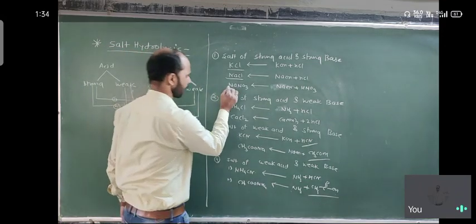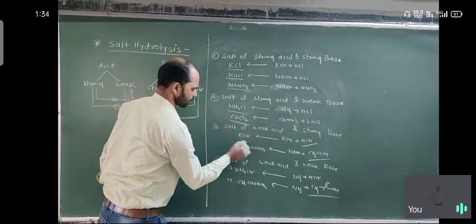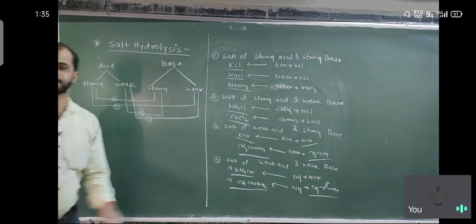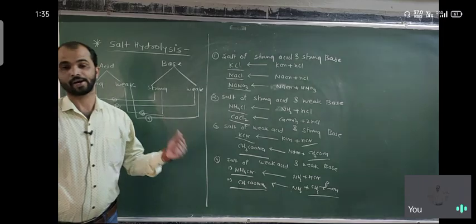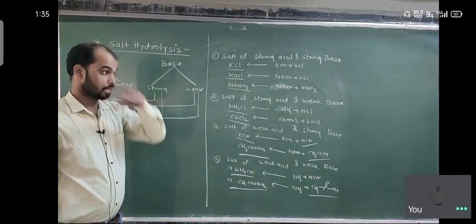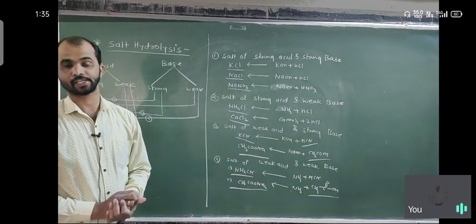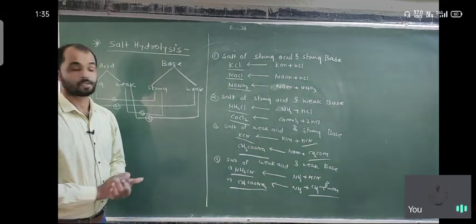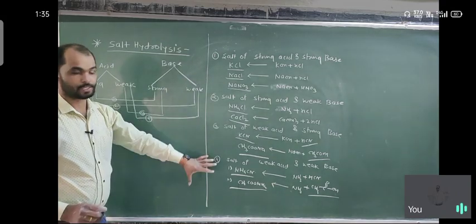So in that topic we are mostly going to discuss how these salts are hydrolyzed, how these salts are hydrolyzed with each other, and their result, and some interrelations between some parameters. But this is the point here.